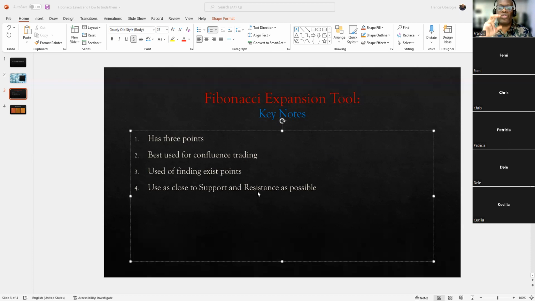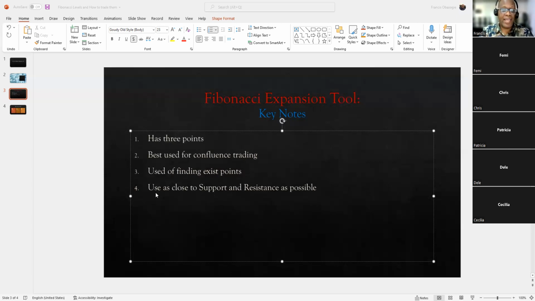I would rather use the Fibonacci expansion tool, which we're talking about tonight, with something else, maybe price action preferably, to determine where to get out of the trade. So it is used for finding exit points. If you want to put it differently, it is used for determining how far the price would go.